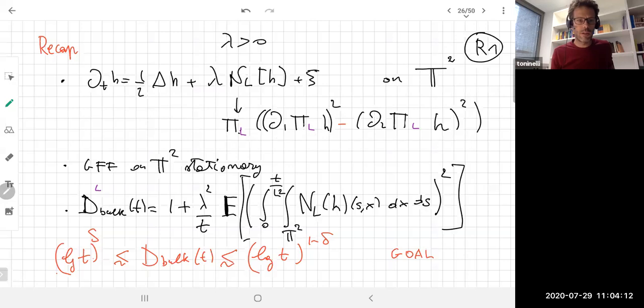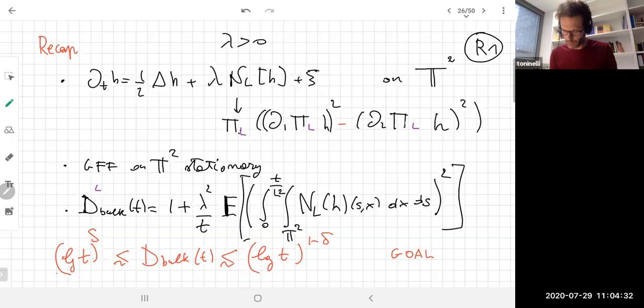Before taking the derivatives and squares, you apply this operator P_L to the function, where P_L just puts to 0 all Fourier modes with index k larger than L in, say, Euclidean norm. So this is the regularized nonlinearity.